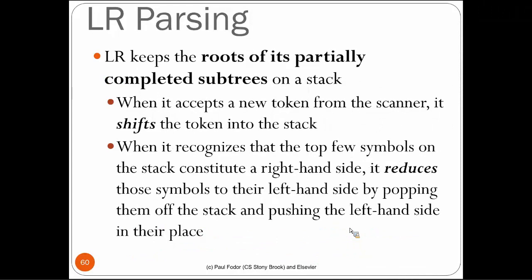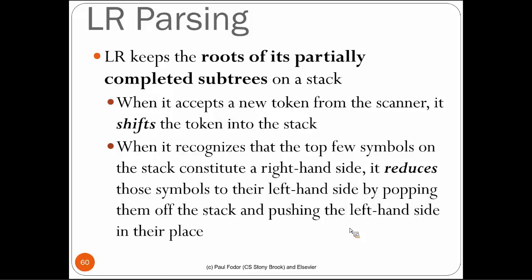So LR parsers keep the roots of their partially completed subtrees on the stack. When it accepts a new token from the scanner, it shifts that token onto the stack. So the parser starts very similarly to LL parsers, but immediately changes. The moment it starts, it shifts all of the tokens onto the stack one by one.